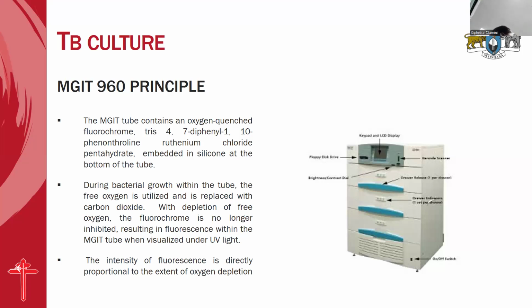I don't know if it's clear there, but you can see the drawers, the blue color there. There's drawer 1, drawer 2, drawer 3. That's where you open and load these MGIT tubes to detect the growth of the TB in the culture. So that's the instrument that we use for culture.